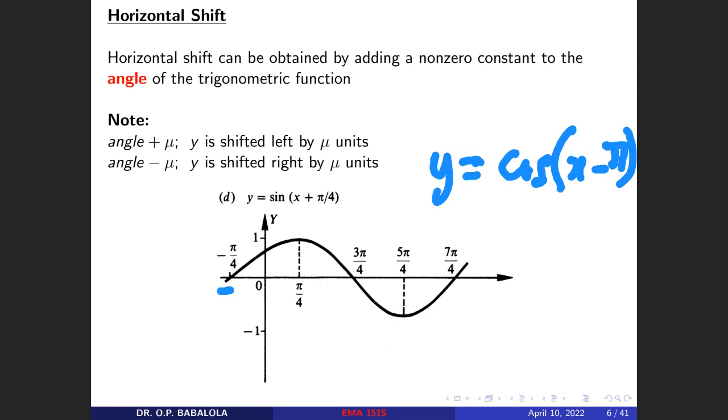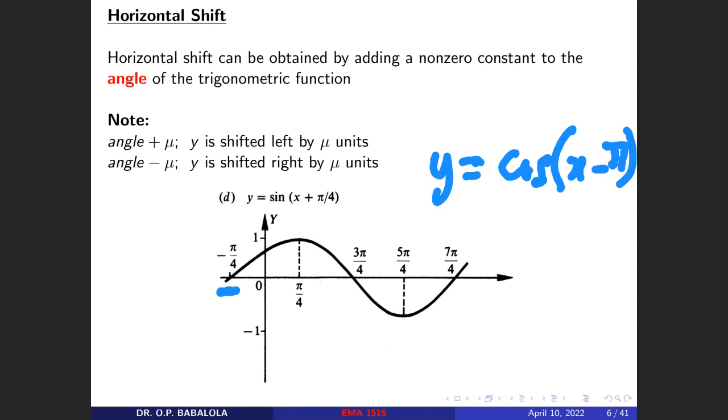So if, let's say, this value is 0, where we're starting from x is 0, and then you add in this value of pi over 4, please take note that it will be starting from the negative side. If you are adding minus pi over 4, the shift will be starting from the positive side. That's important for you to note.